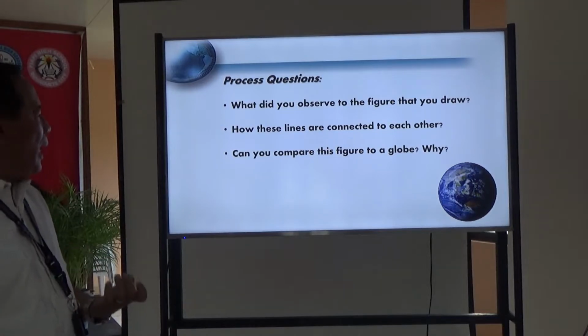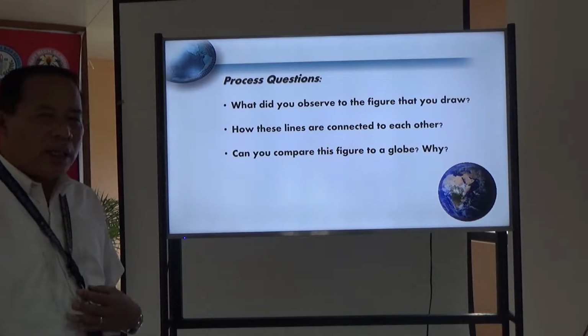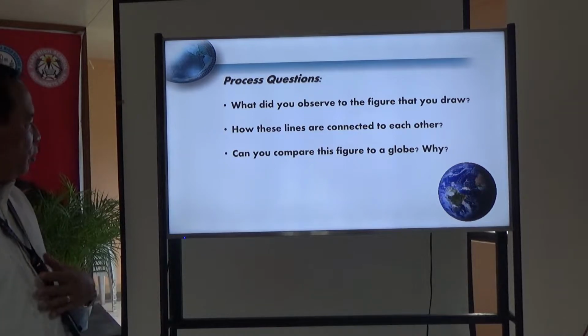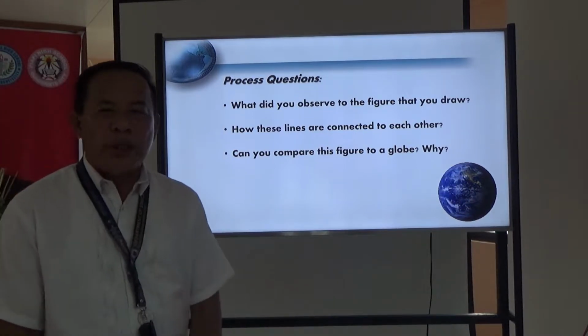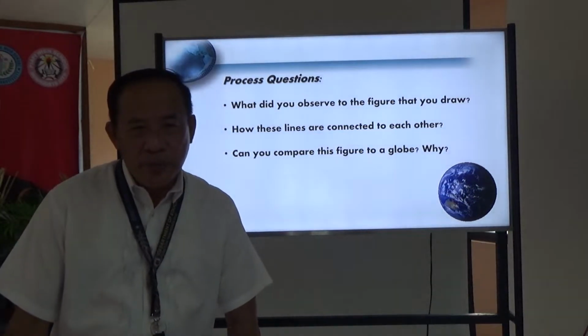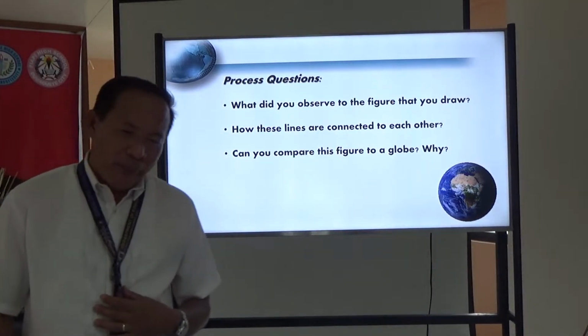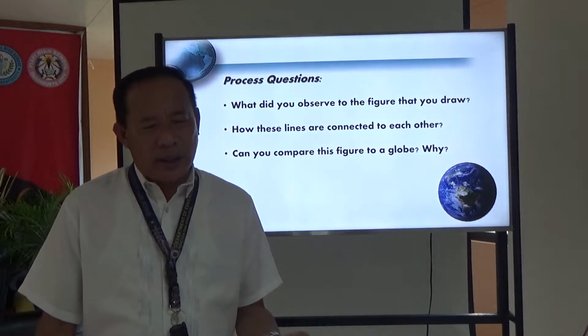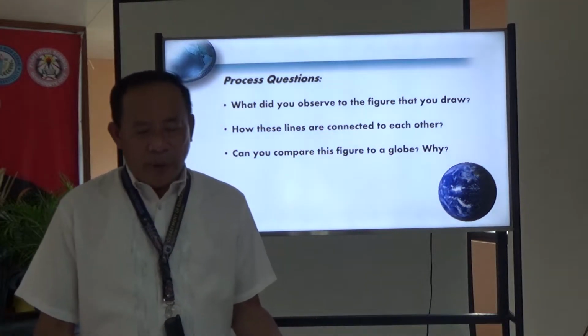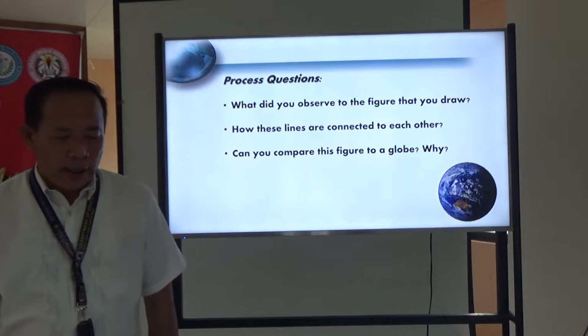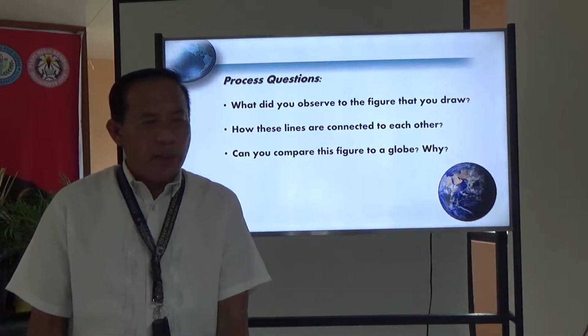How are these lines connected to each other? And can we compare this figure to the lines that you have seen on the globe? Okay. All right. So, yes? Your answer? Yeah. Very good. Very good. Okay. So let's move on.